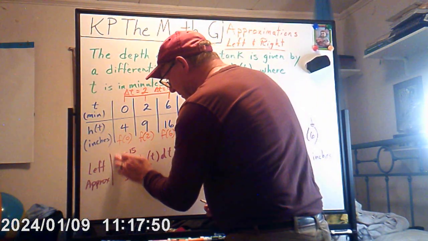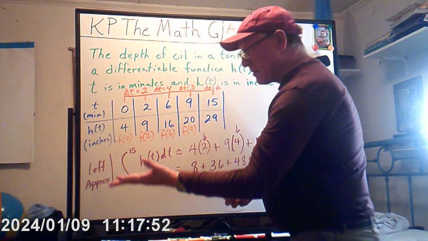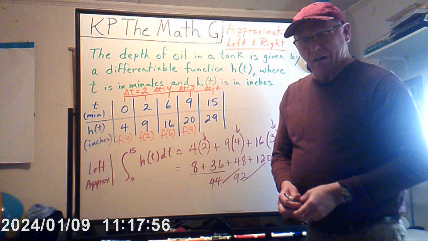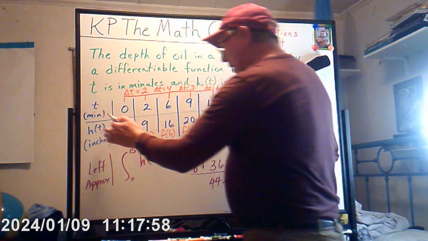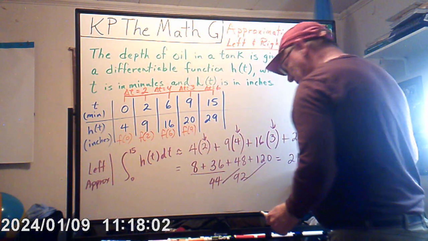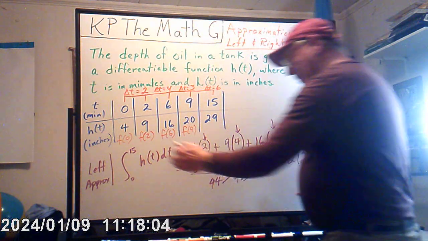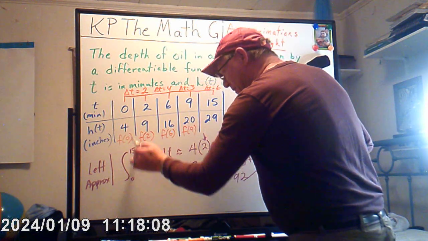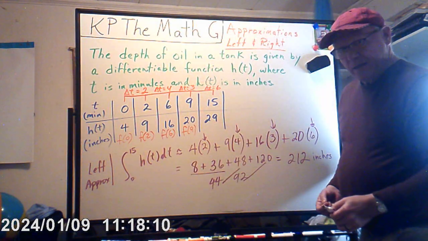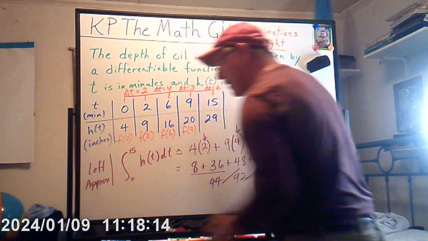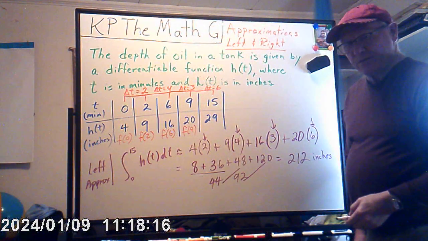of inches that this oil rolls in the tank. That's what you're talking about. When you have inches and minutes, and you take an antiderivative like we did here, this is a definite integral from 0 to 15. We're looking at this bottom right here, that's inches.